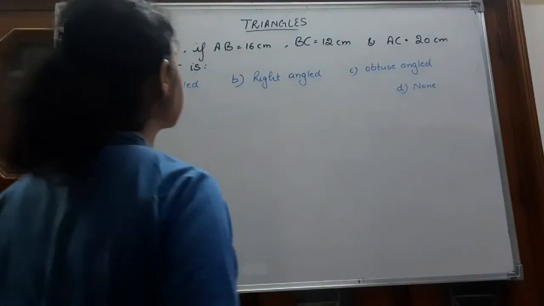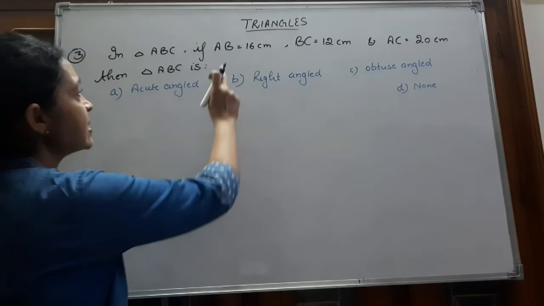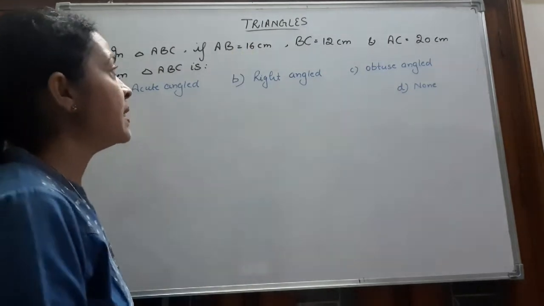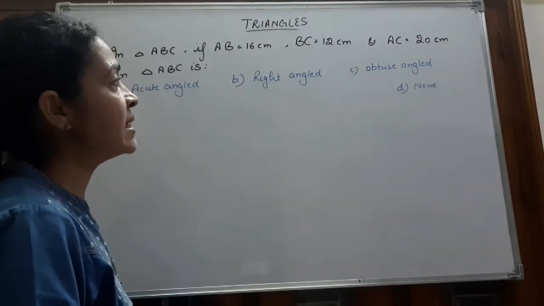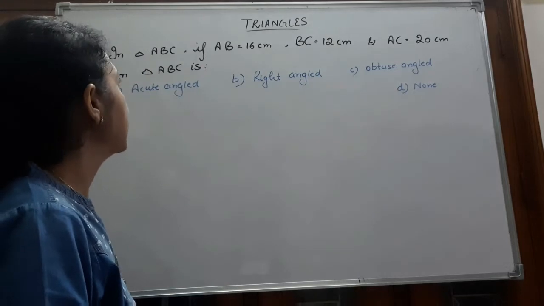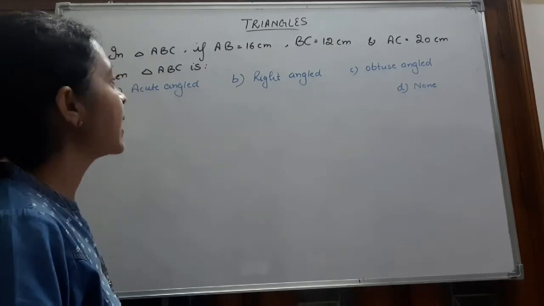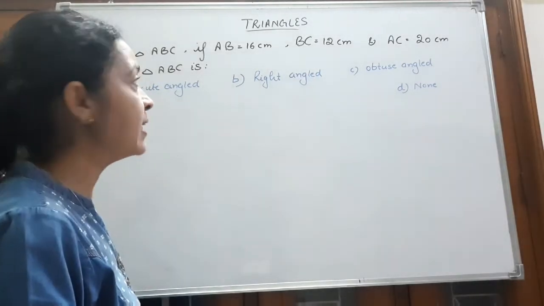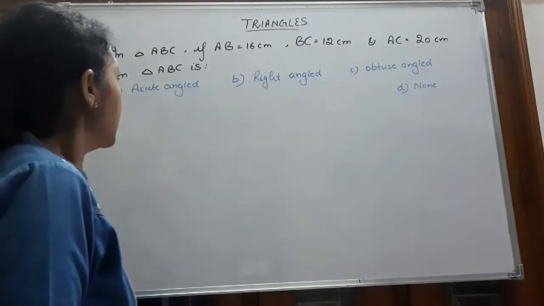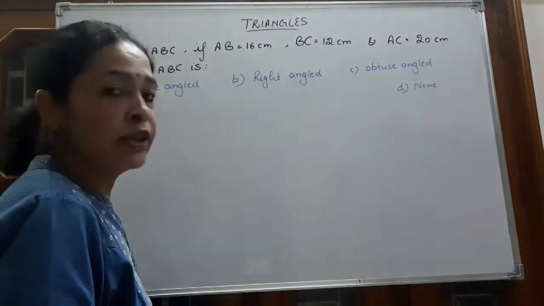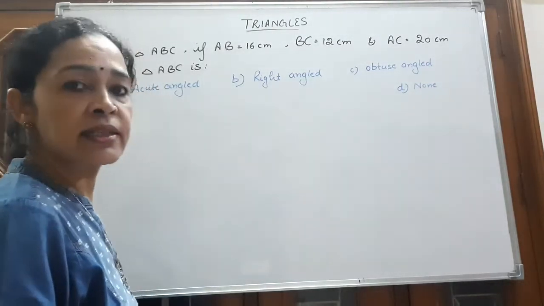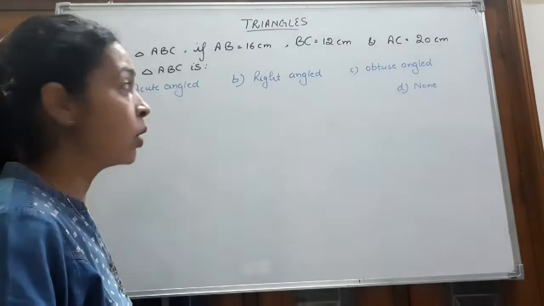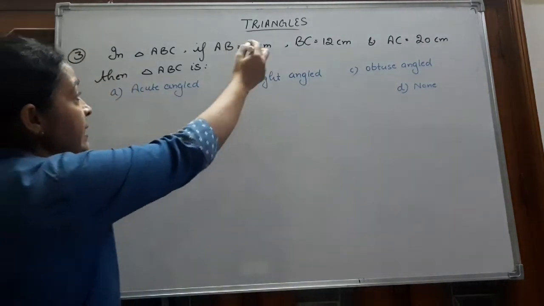In triangle ABC, if AB is 16 centimeters, BC is 12 centimeters and AC is 20 centimeters, then triangle ABC is right angled, acute angled, or obtuse angled. Which type of triangle is this? In this question, only the length of the sides is given. Nothing is given about angles. Now, let's see.